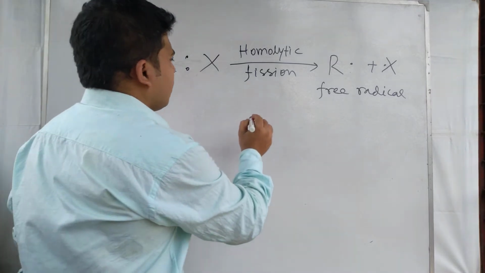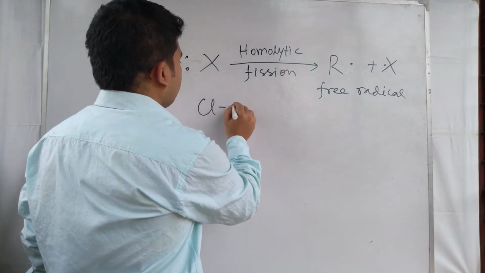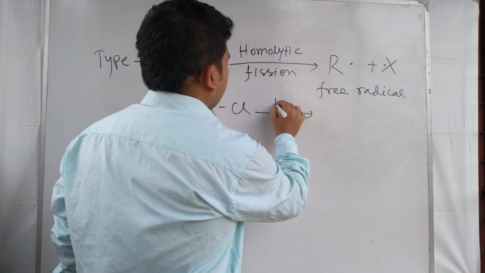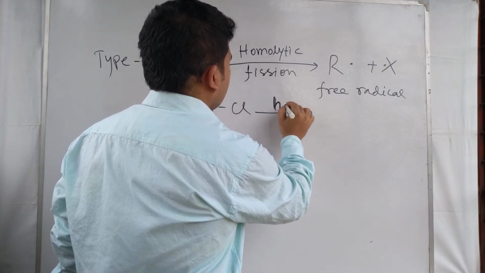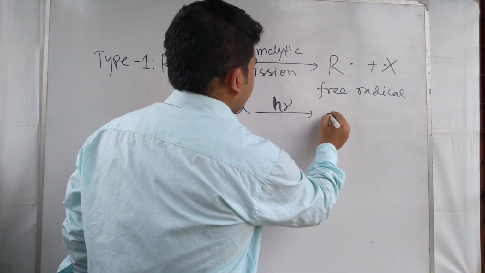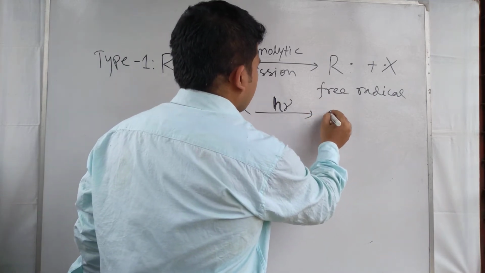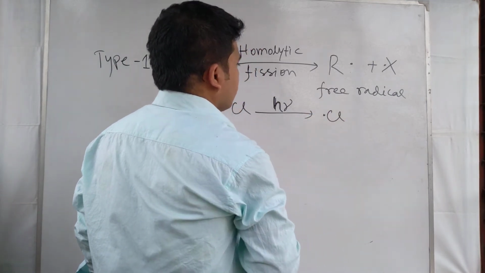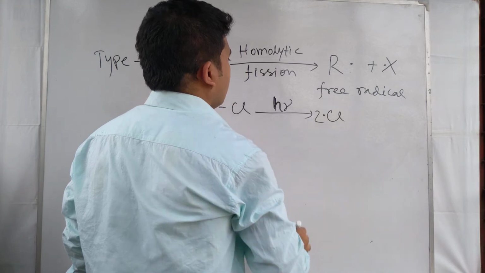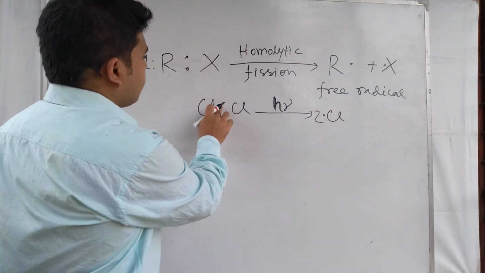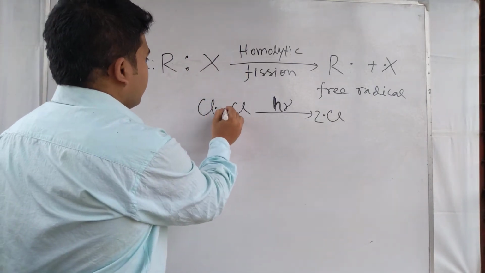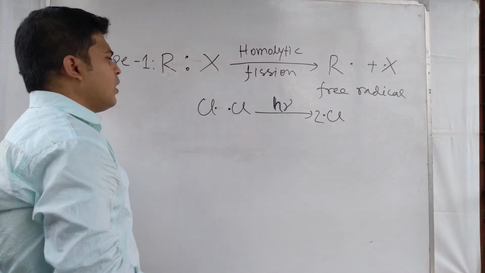For example, Cl-Cl in presence of h nu or UV light is broken as Cl dot and Cl dot.